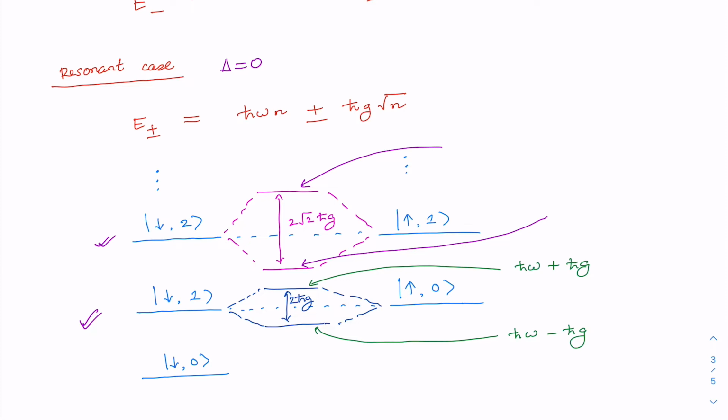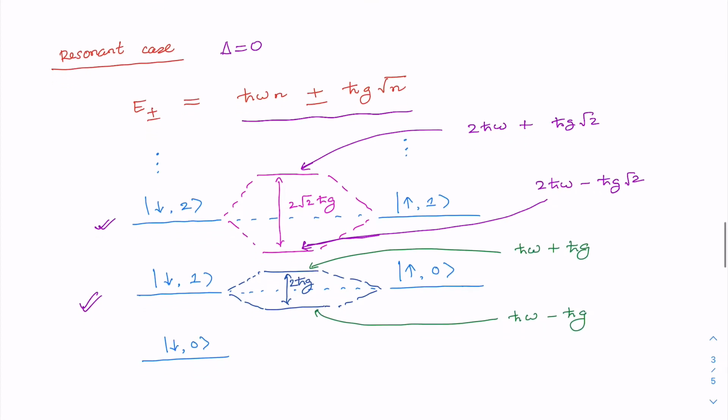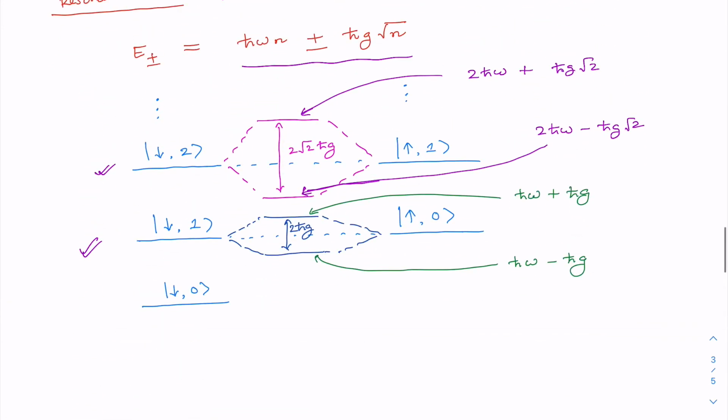This excited energy state would be twice h cross omega plus h cross g root 2, and this one would be twice h cross omega minus h cross g root 2. So that's why the splitting is 2 root 2 into h cross g. And that's where we concluded our class last time.